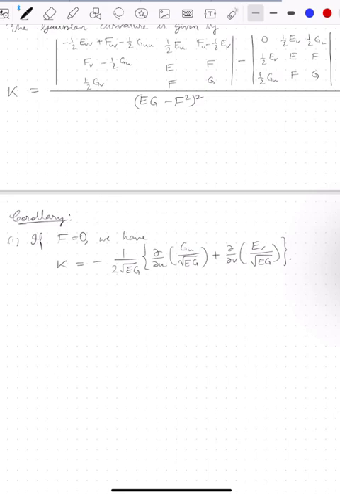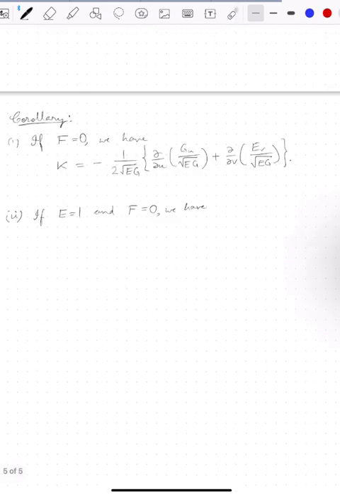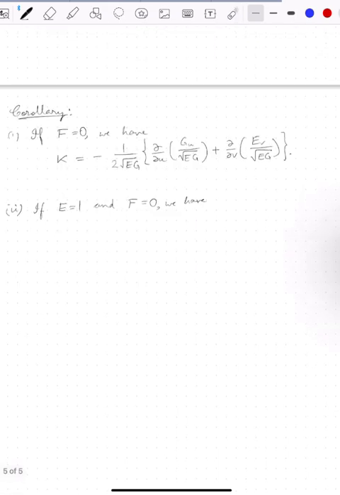And now we have a special case: if E is 1 and F is equal to 0, then K is equal to minus 1 over 2 root G times partial u of (G_u over root G), since putting E equal to 1, the E_v term goes away.